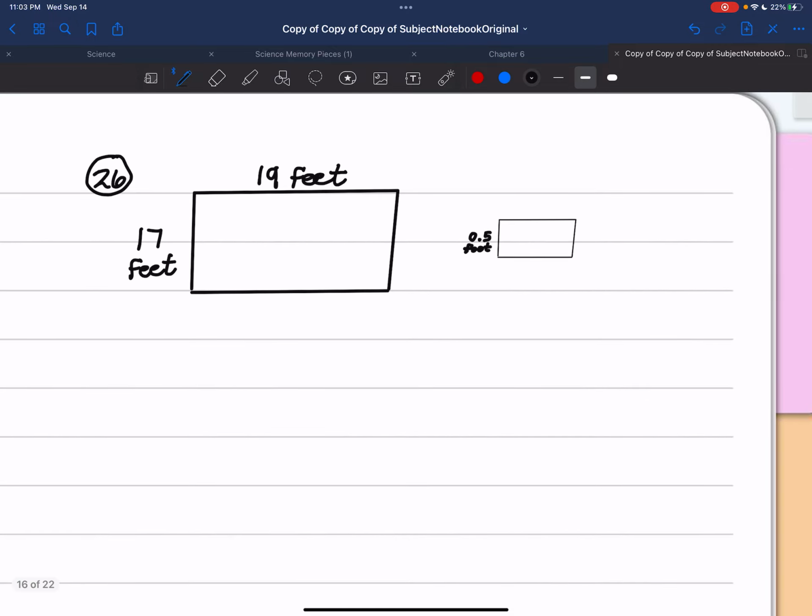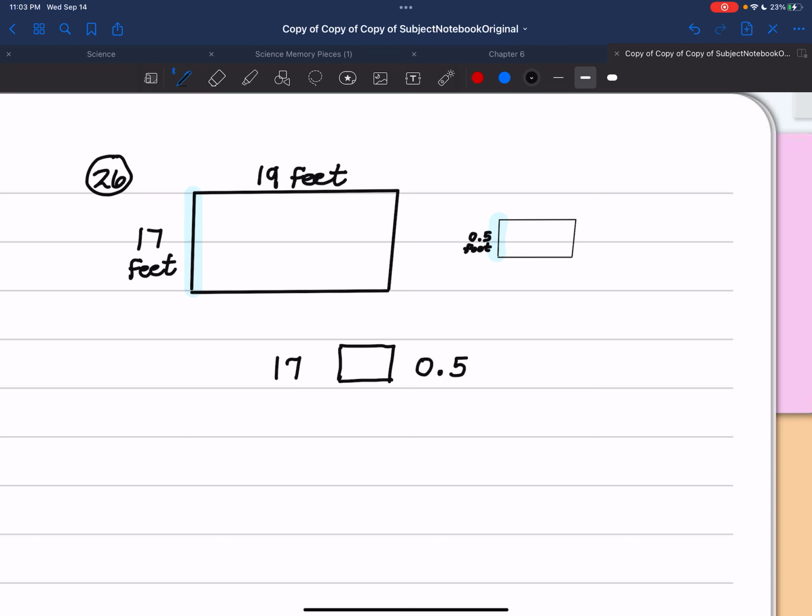Well, I need to take the sides that correspond. So we have the 17 that matches up to the 0.5. So we want to know how we get from 17 down to 0.5. Well, I'm going to divide 17 by 0.5.